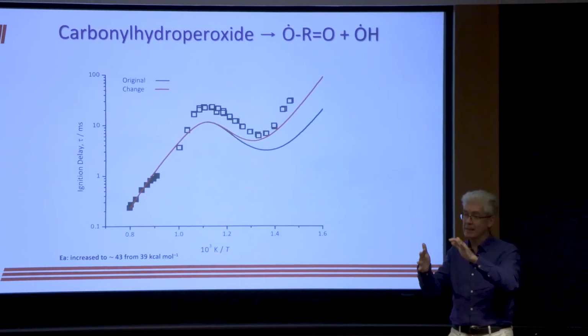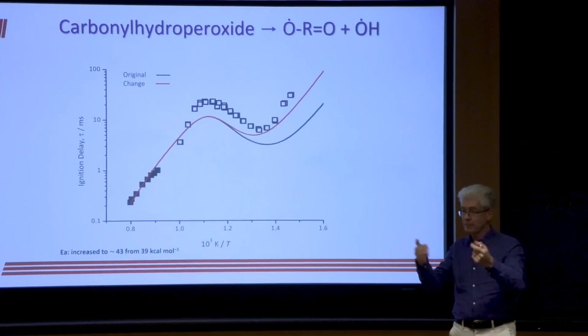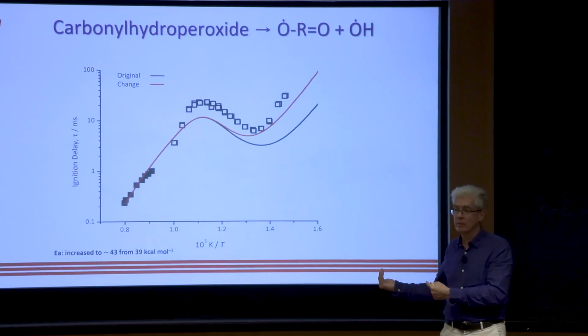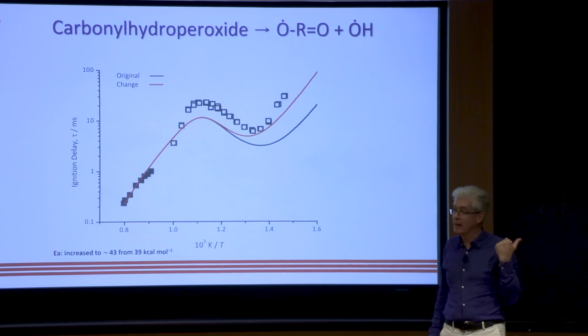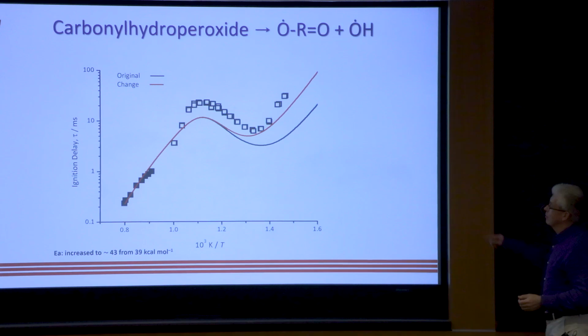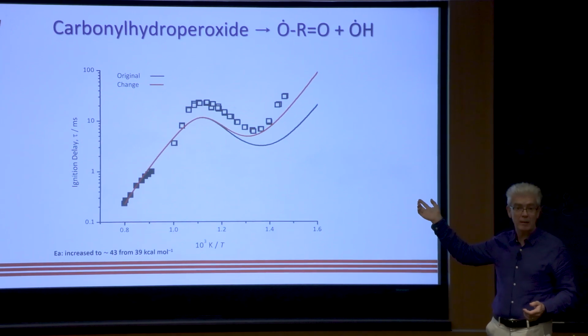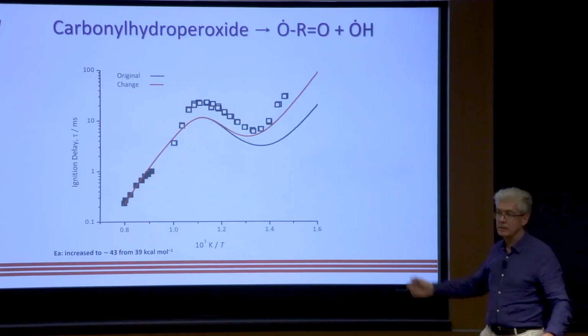We're getting the right balance of RO2 going to QOH, the O2QOH going to carbonyl hydroperoxide, and so on. So now we can put the rate constant back to the right value. So that's what we did. And we got this red line.